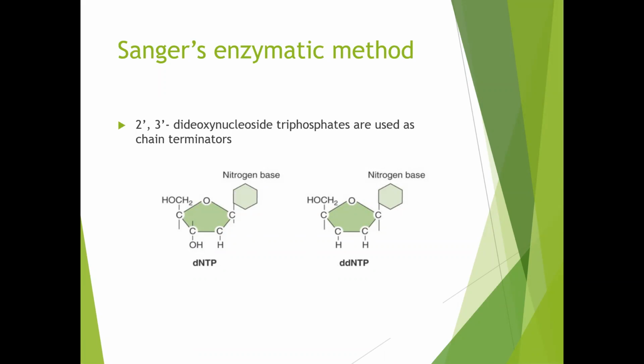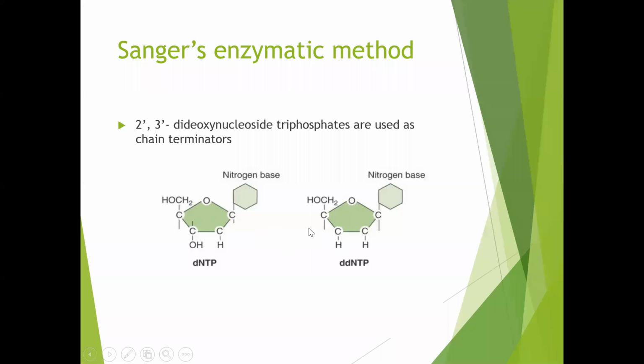For DNA synthesis to take place, the requirements are, of course, a primer that should have a free 3' hydroxyl group. And as per the template sequence, one by one, the nucleotides will be added to this growing 3' end of the chain. So there the precursors are deoxynucleoside triphosphates.